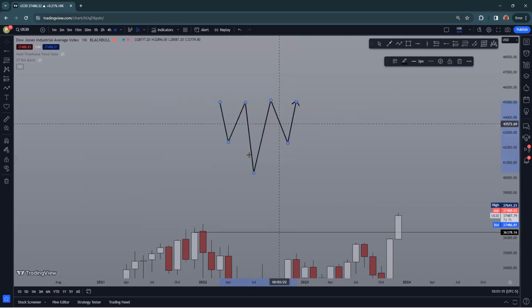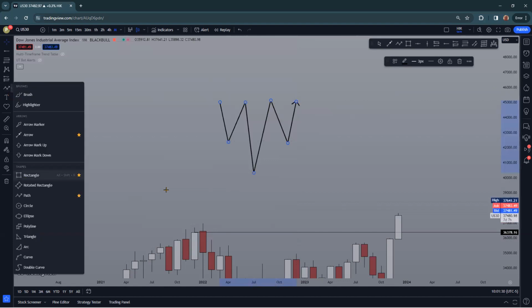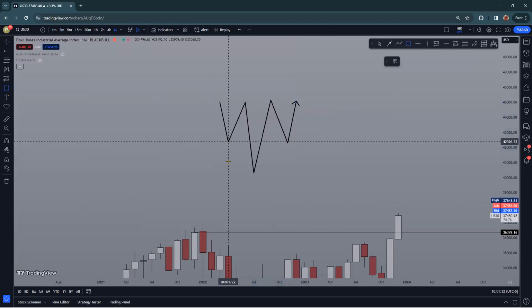All right. And so what I normally do, I make sure I put a box right below the neck. Let's get my box tool here, which is this one right here, the rectangle. I put a box right here.